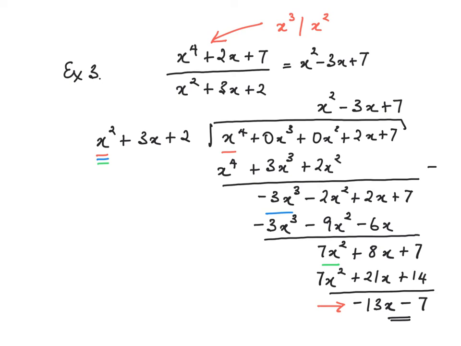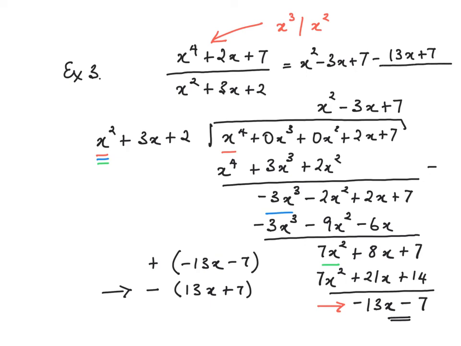I can either write that as plus, or I can take out the negative. Let me use the second way, so that's minus then 13x plus 7. I'll not include a bracket, but you should realise that both of those terms are now negative. And that's over x squared plus 3x plus 2.